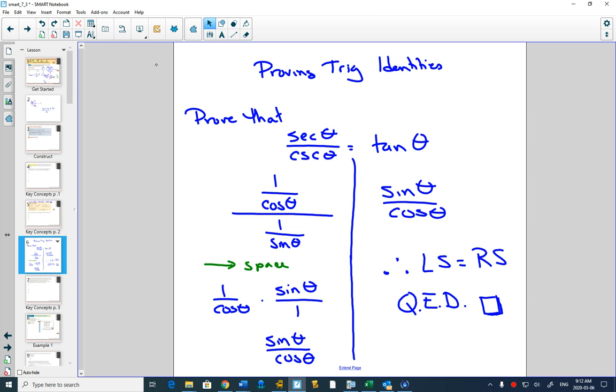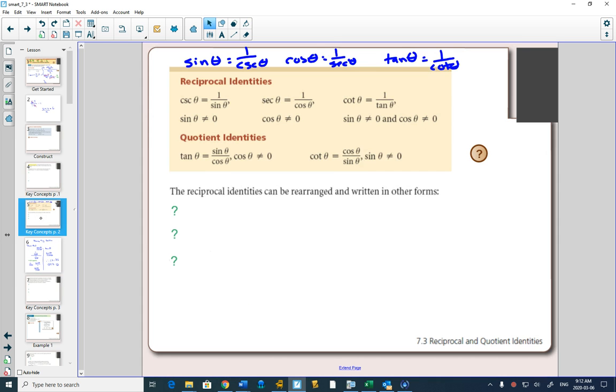The first hint that you have for proving trig identities, for figuring out these puzzles, is if you look at every single identity that you know so far, reciprocal identities, quotient identities, if you pick any trig function, can you see that you're always able to change that to either sine or cosine? For example, pick tan. What can I change tan to?